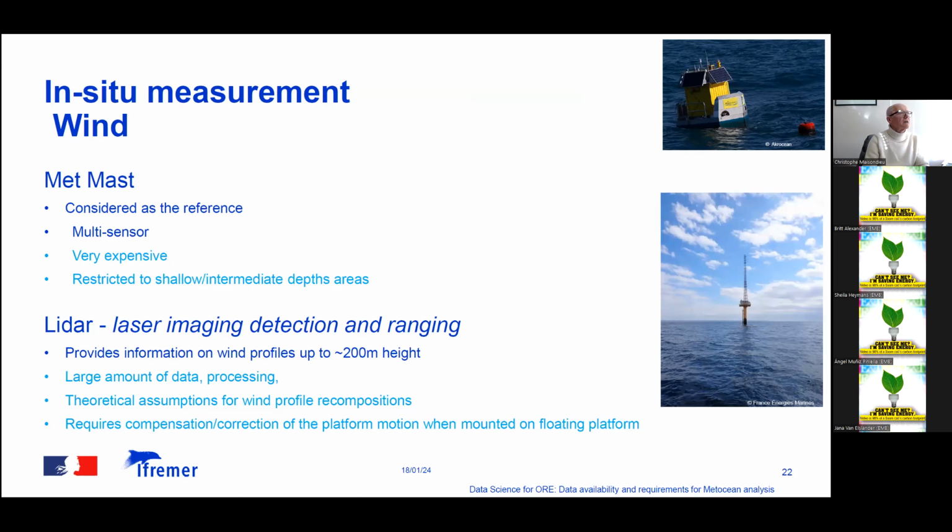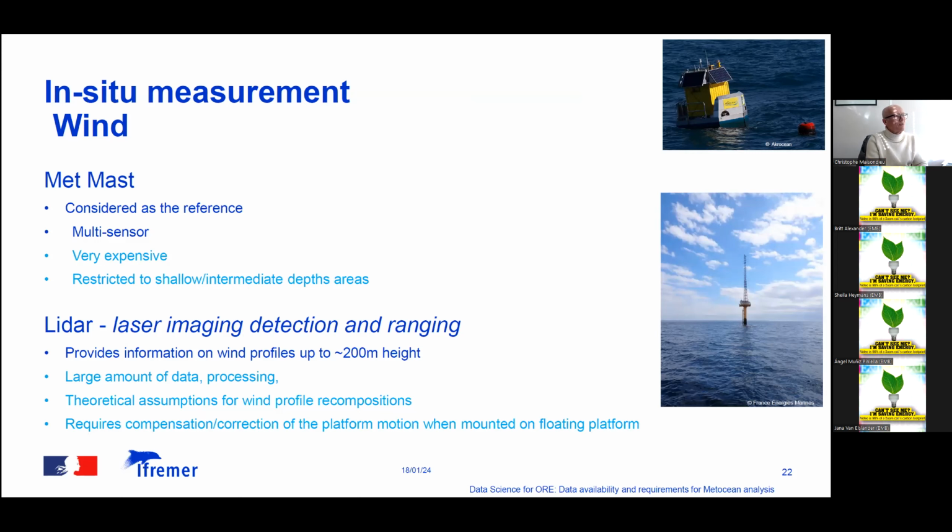So if we now talk about the availability of data, if we consider in situ measurement, the first is for wind. Usually, so far, local information was obtained from met masts.